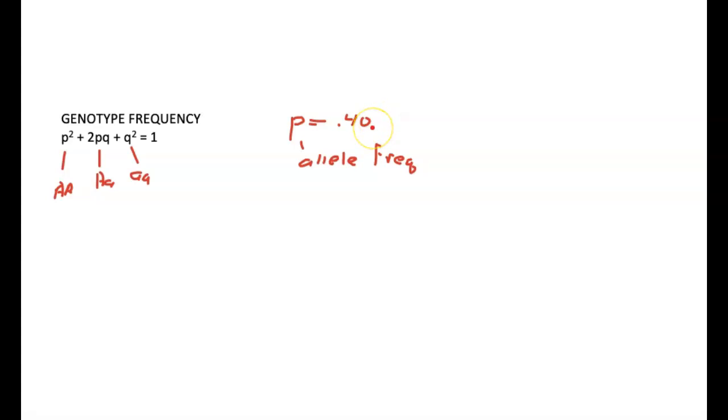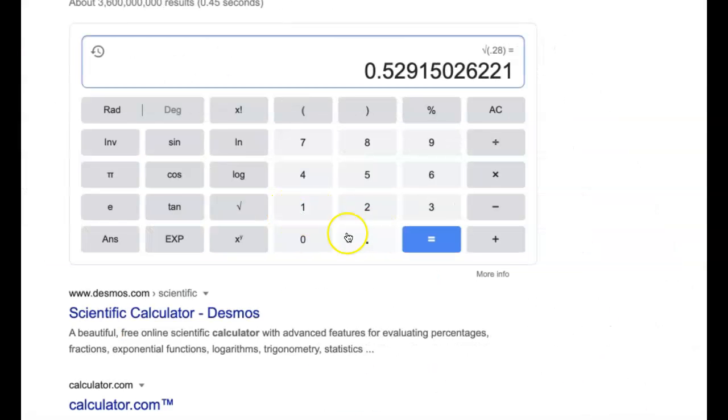Well, a couple ways to start this. If I know P and I want to figure out big A, 0.4 squared. So again, I'm going back to my calculator. 0.4 squared, or 0.4 times 0.4, 0.16.